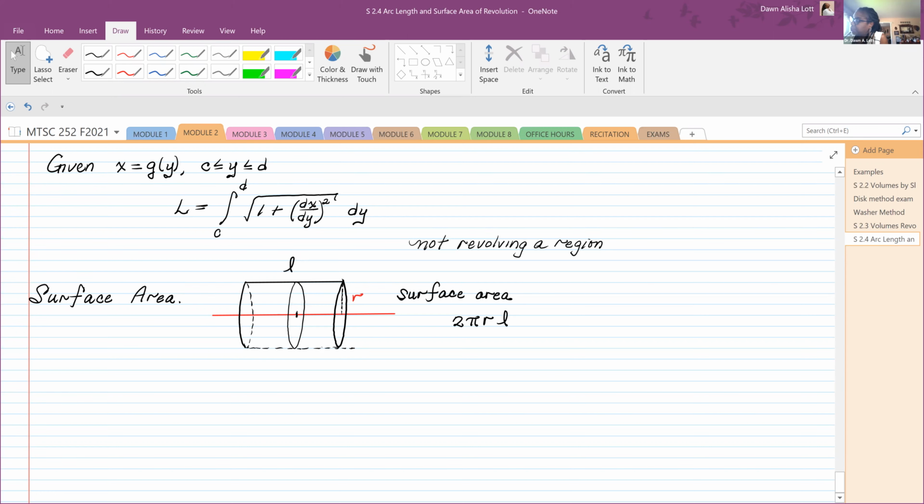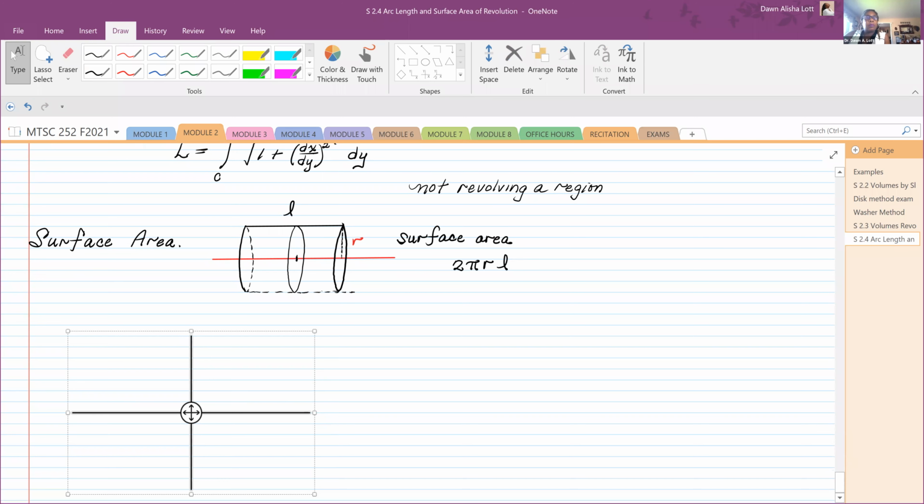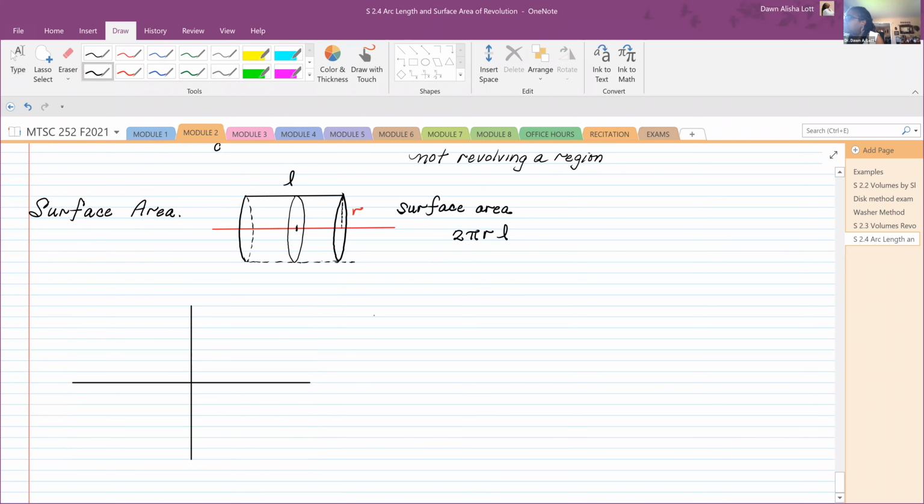Well, now suppose I have something that looks like this. So now I'm going to take this line and rotate it about an axis.